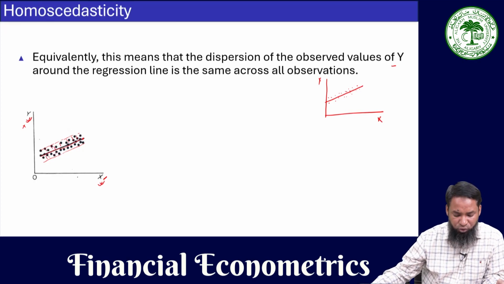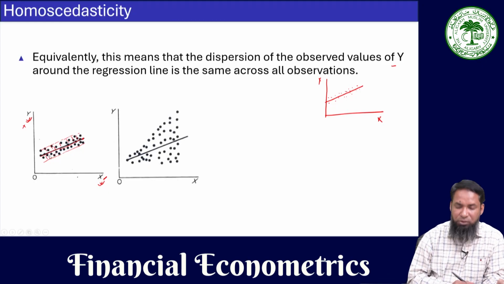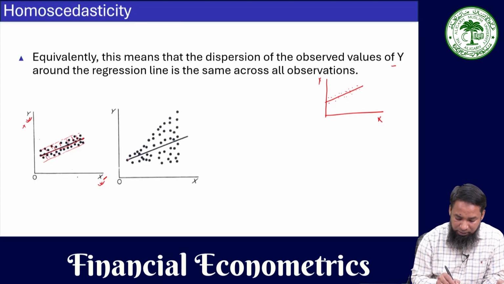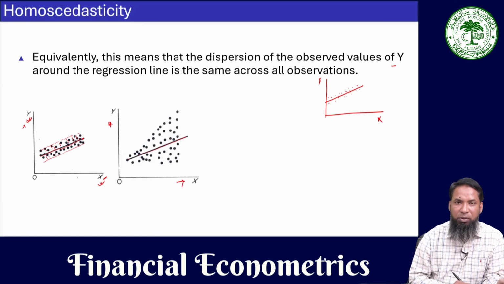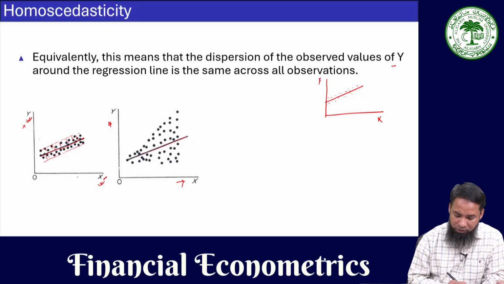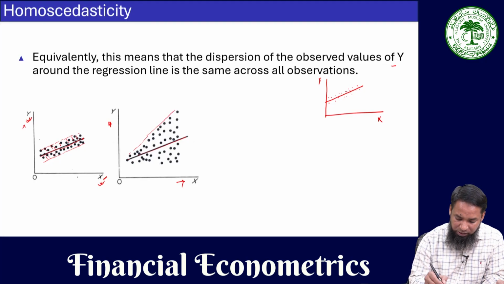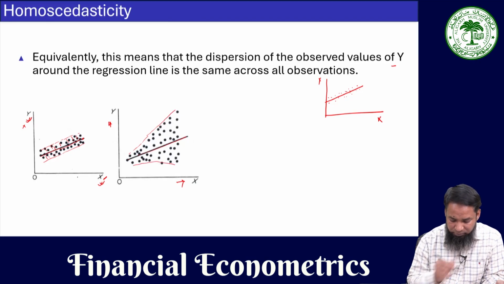On the other hand, it could be another relationship. Again, the relationship is estimated by this line, where as x increases, the value of y is also increasing. However, one more thing we can observe is that as the value of x increases, the dispersion of the observations around the estimated line is increasing.